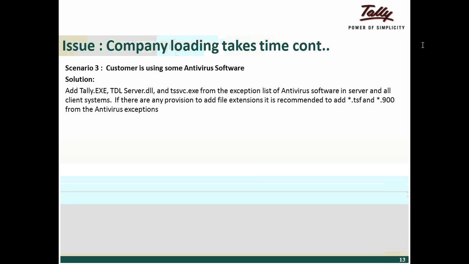If there is any provision in such antiviruses, you can try excluding the extension files, that is store.tsf and store.900. It has to be done in the server and client system.